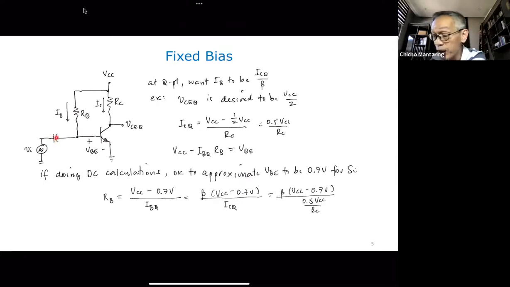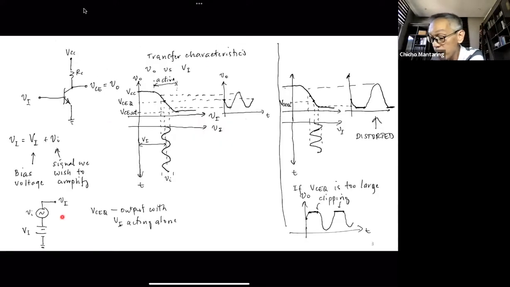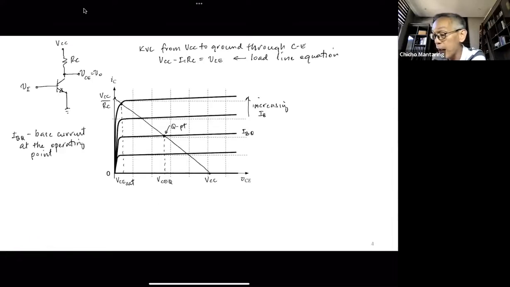On the other hand, we want this capacitor to be almost a short circuit at the frequency of V sub I. Then through superposition, the input voltage just adds to the voltage established across the base-emitter by IBQ, so it behaves as having your input voltage in series with the base-emitter voltage established by IBQ.